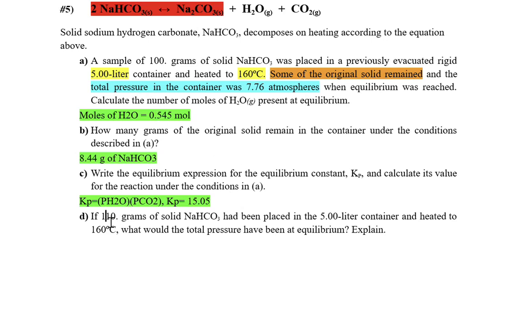When we add another 10 grams, we can imagine that some solid will also remain. Whether we add 110 or 100 or 120, there's always going to be some remaining.